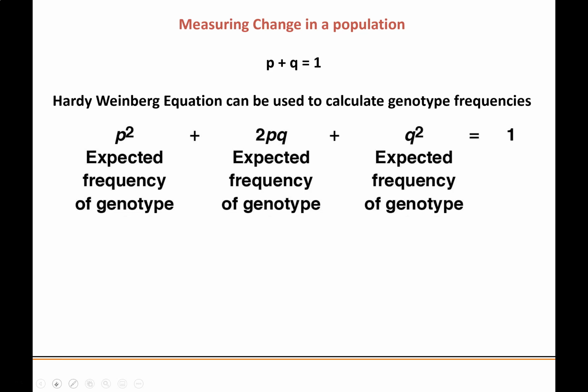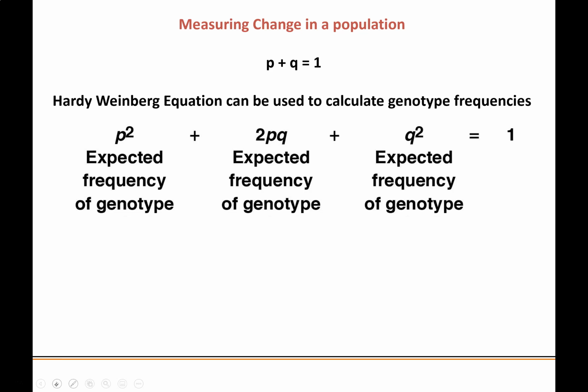So the Hardy Weinberg equation helps us to calculate genotype frequencies. Those genotype frequencies are based off of the allele frequencies. Now, if your allele frequencies change, evolution has occurred. There's been a change in your population. And in all cases, if your allele frequencies change, your genotype frequency has to change as well.